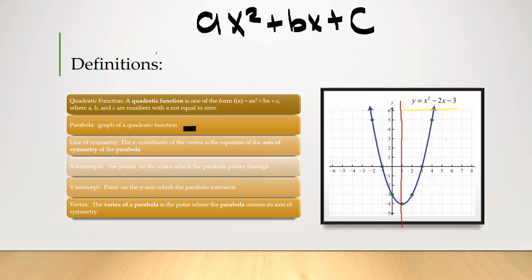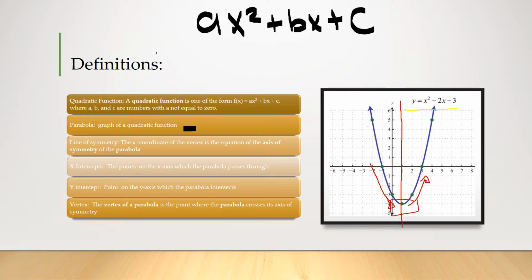Speaking of the vertex, it is simply the point where the parabola crosses its axis of symmetry, and it's also the point at which the direction of the parabola changes. As you can see, it keeps going down here, but once it reaches its vertex, the direction changes and it starts going upward.